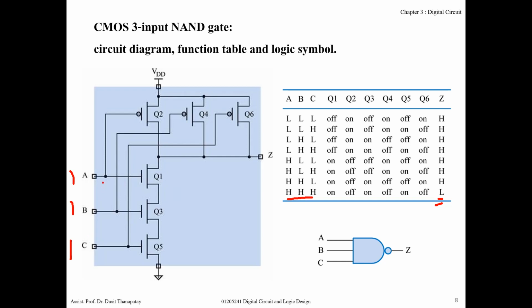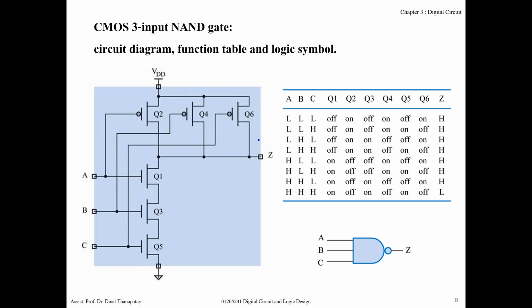When all of the inputs become logic high, then this one is on, so the output will be connected to ground. If I want to do more inputs, I just add the number of transistors into the circuit like this.